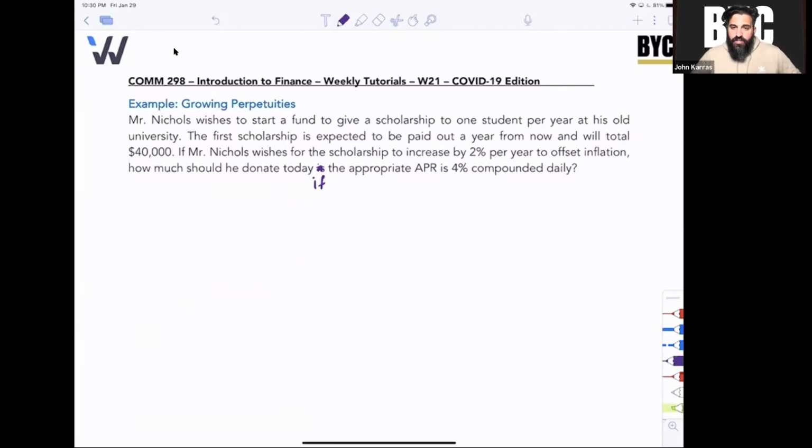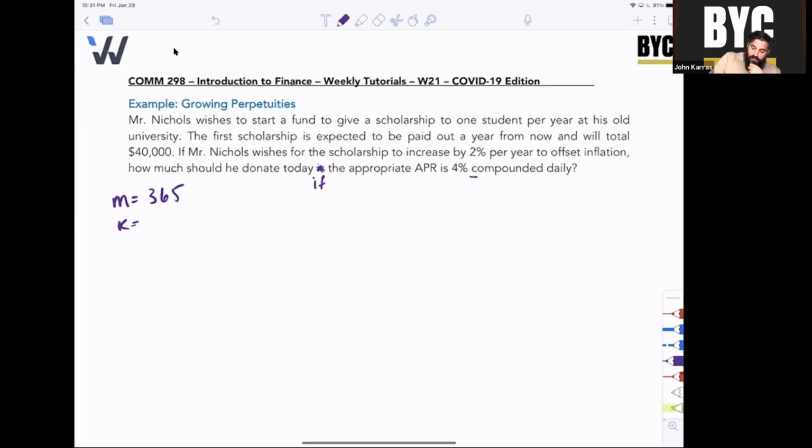Now I'm looking at the chat for you guys just to give me pointers. What's the very first thing I should do in this question? How would you approach this? Good, right? Nikolai and Nicole both said that we need to deal with the rate first. So I need M and I need K. M is 365, very good.